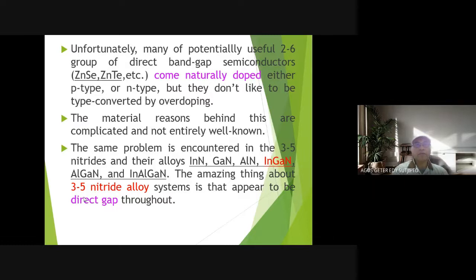Like in a direct band gap semiconductor, zinc tellurium and zinc beryllium can be P or N type. Or in nitrides, indium nitride, gallium nitride, aluminum nitride, indium gallium nitride. This is also a direct band gap that can produce light.